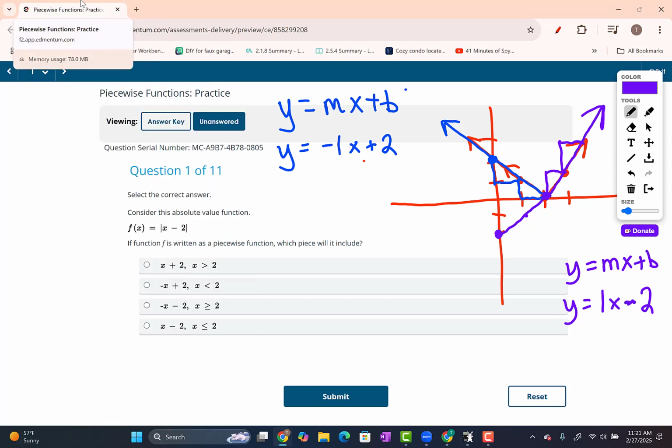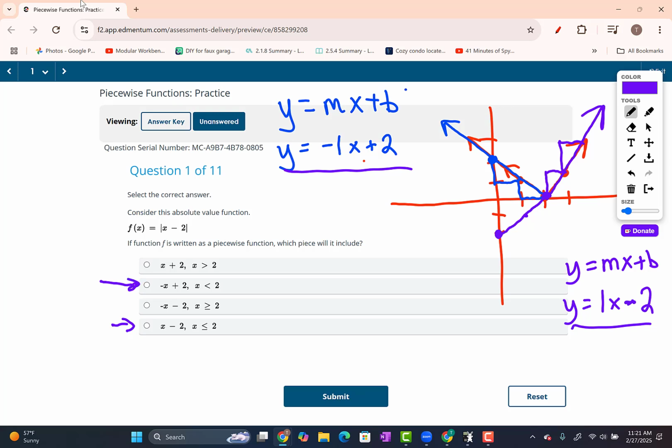Okay, so we have our two equations, and I see y equals x minus 2 here for choice D, and I see y equals negative 1x plus 2 here for choice B. So the answer is either B or D.